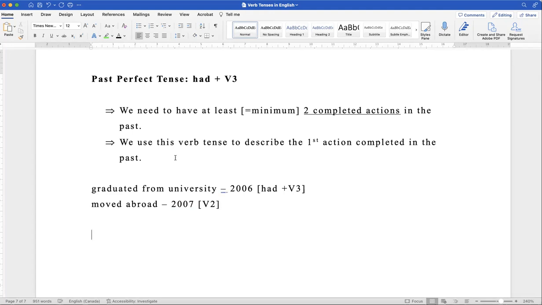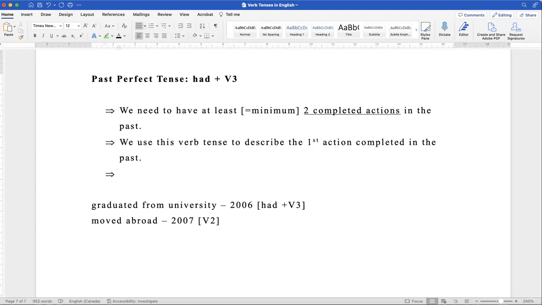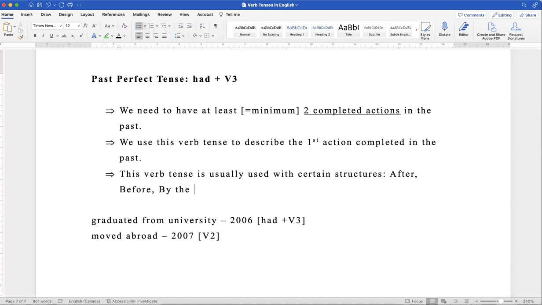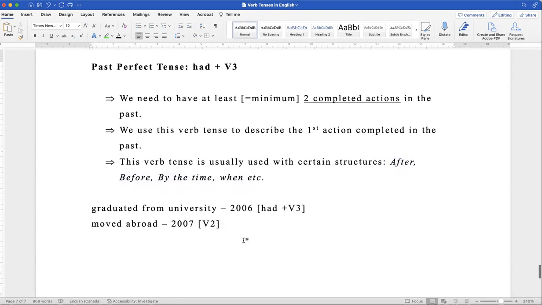So again, generally we use some adverbial clauses of time. This verb tense is usually used with certain structures, such as after, before, by the time, when, etc. These are some common adverbial clauses you can use in this verb tense.